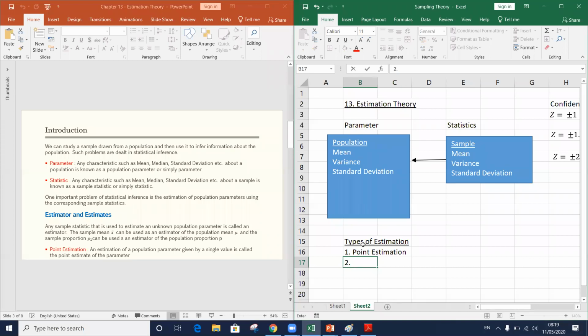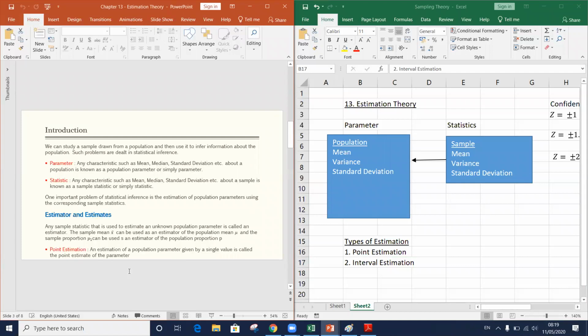Or else we can do interval estimation. What is interval estimation? The sample mean is this much, and the population mean will take a value within this range. We are not giving the exact value. Instead of that we are giving a range. In interval estimation we provide only a range.